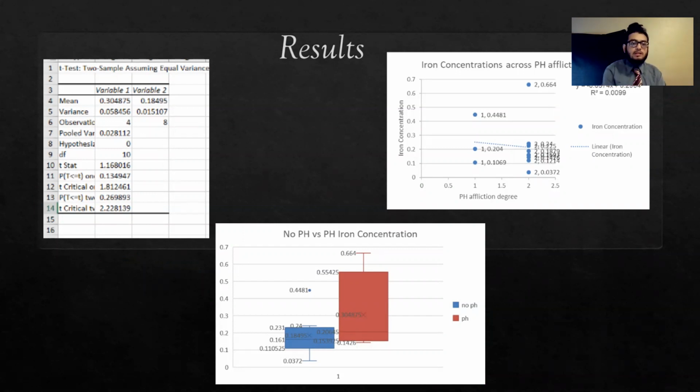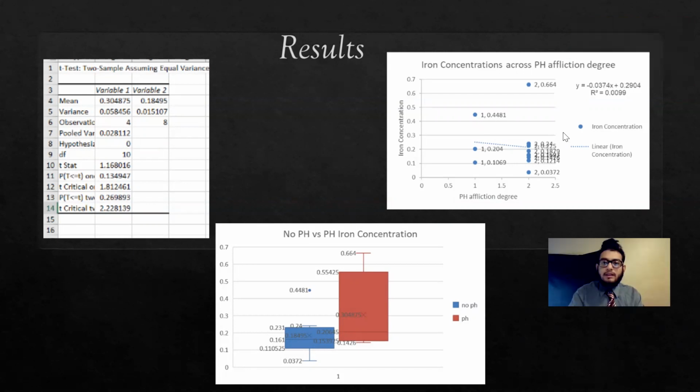In fact, it was upwards of 26%, while I would have liked it to be within a matter of 0.05 probability that these samples were different. Next, looking at my data through this scatter plot, we can see that porotic hyperostosis pathology degree pretty much has no relation to iron concentration as I found it.